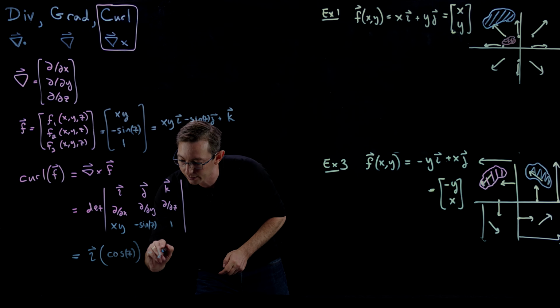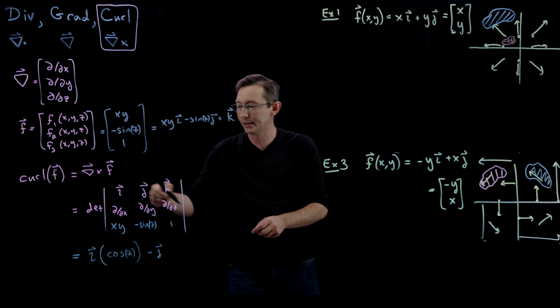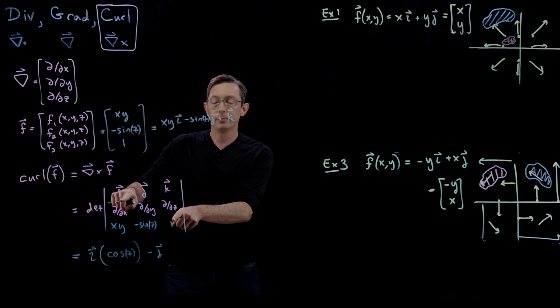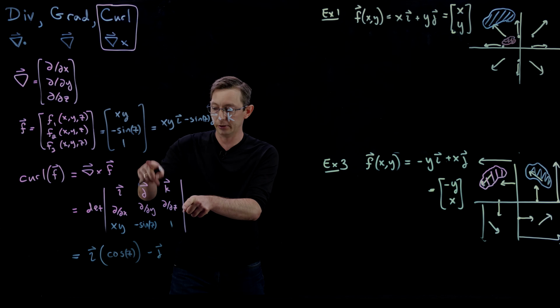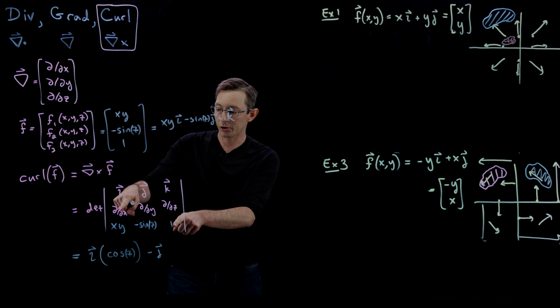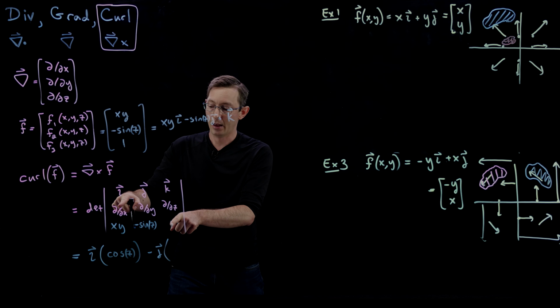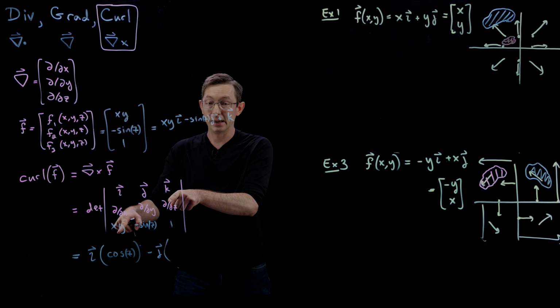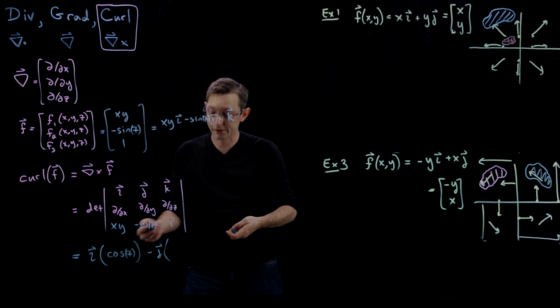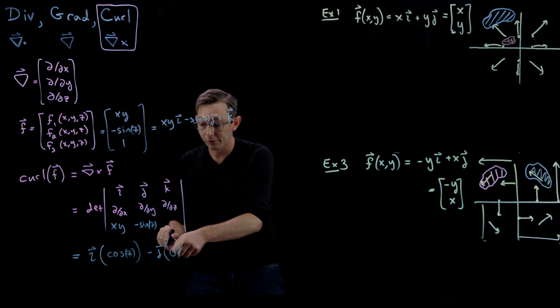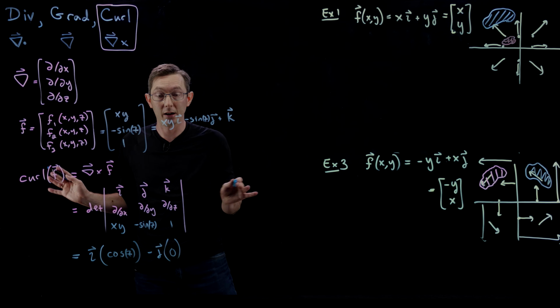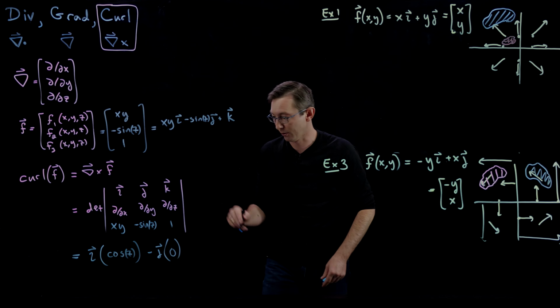So minus in the j direction, the determinant of the 2 by 2 subblock excluding this column. So that would be partial x of 1, which is 0, minus partial z of xy, which is also 0. So I have 0 in the j component. So there's nothing in the j direction of this curl.